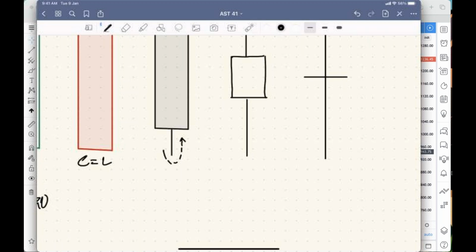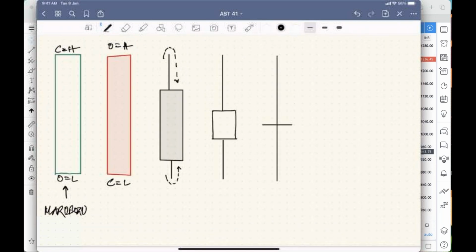So I've created an upper shadow and a lower shadow. And then there is a sensible size of the body. This is a decent candlestick where prices did travel a bit, and the bulls or the bears, depending on whether it's green or red, have occupied a decent amount of land.